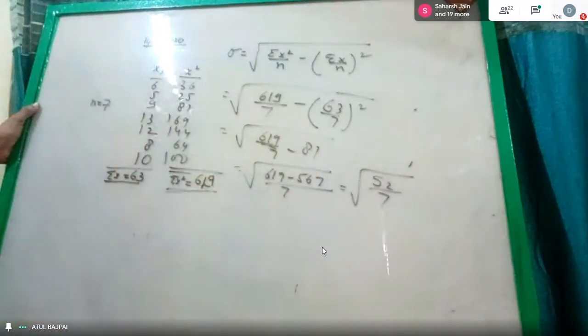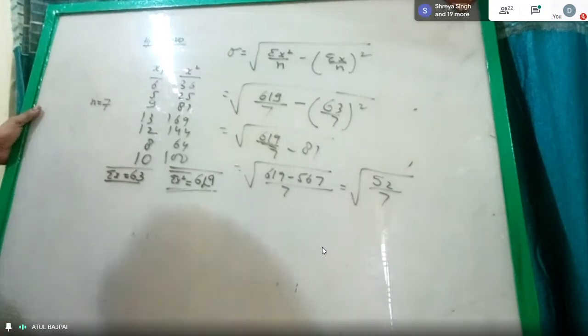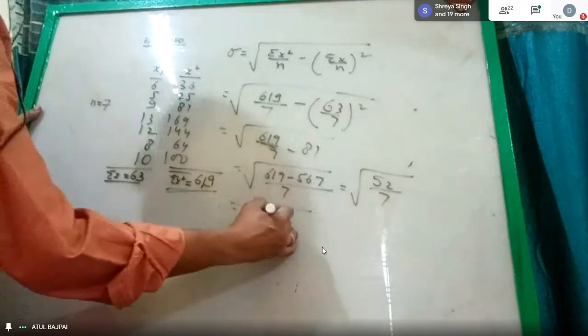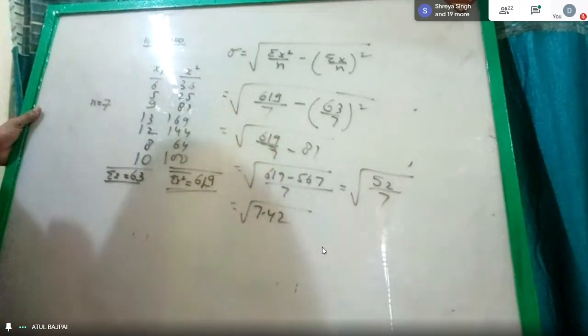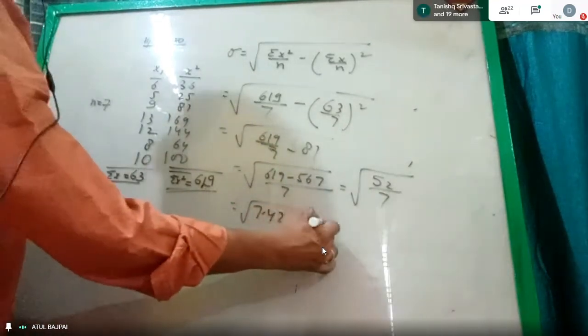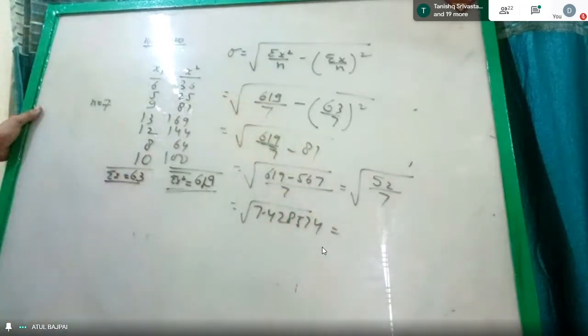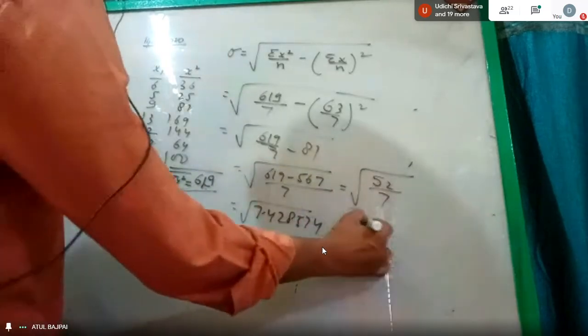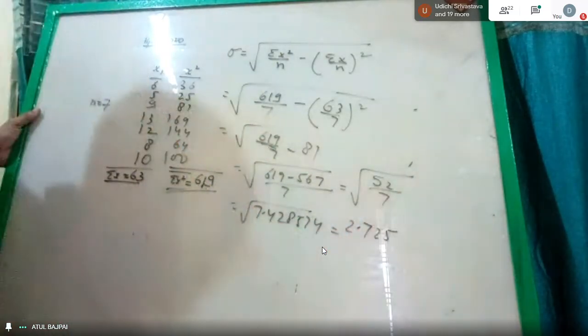Find the root of 52 by 7. Divide 52 by 7: 7.4285. So the final answer is coming 2.725.